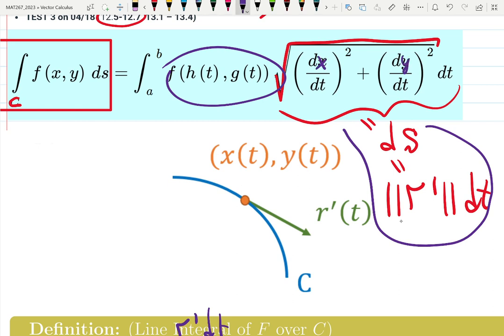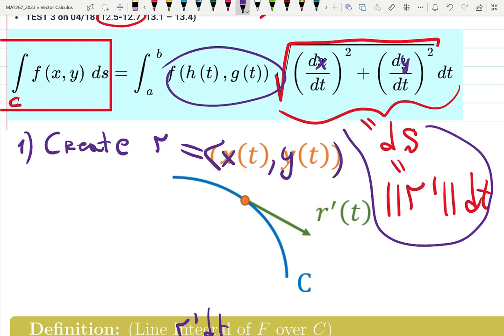So, steps, when we ask you to find each integral, step one, sometimes you have to create r. That's when we ask you to create parameterization. R equals x comma y, and it's a vector also. R, you have to create it. Usually that's parameterization. On the test, I will usually give you a circle because everyone knows to do the circle one. R cosine theta, R sine theta.